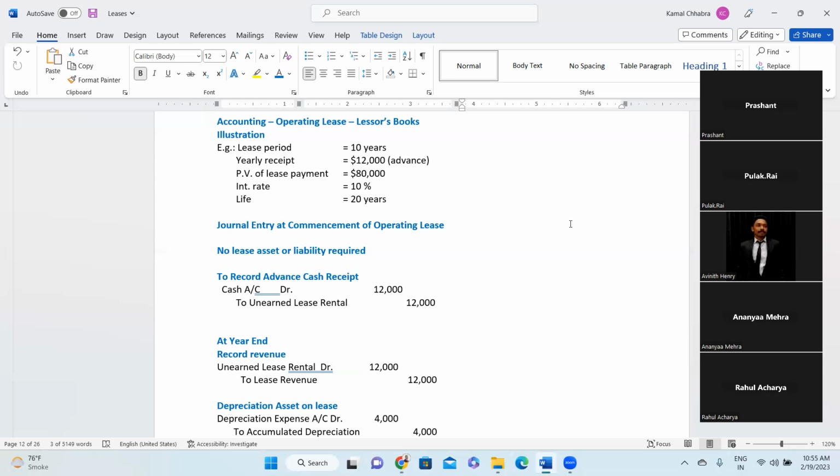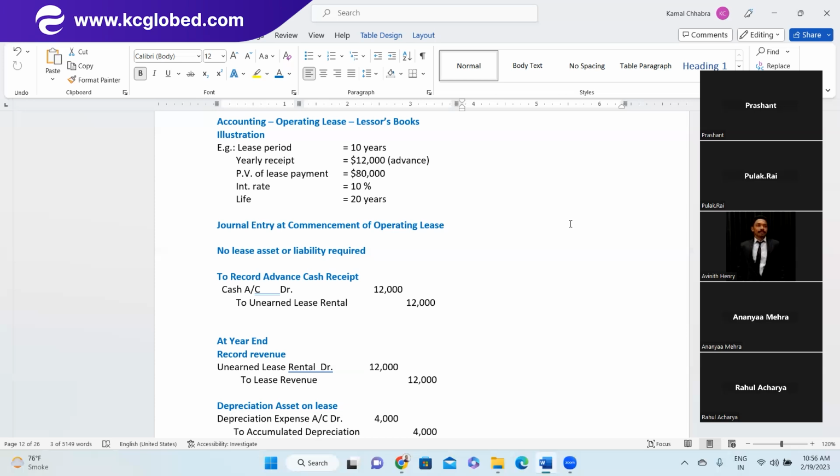But the lessor is not required to recognize lease liability in case of operating lease. But he or she has received a $12,000 advance. So advance is always a liability, because you have not provided the product or services. Providing an asset on lease is also a kind of rendering services, so it should be recognized over the period.